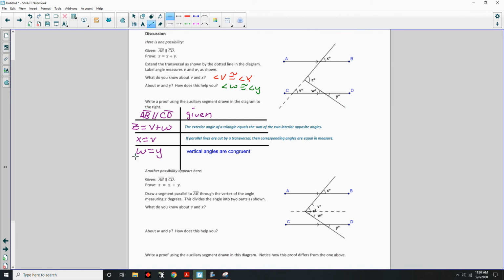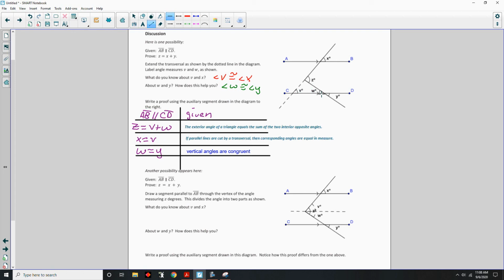And let's keep trying to keep this nice and neat. Okay, so now we have what? We have z equals v plus w. We have x equal to v. Z equals v plus w, x is equal to v.